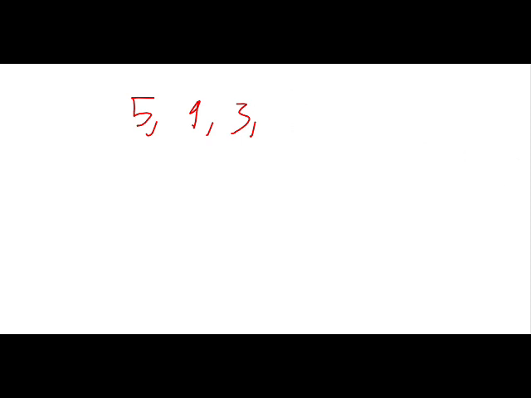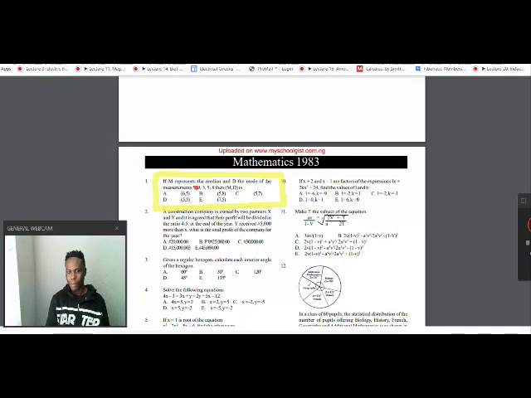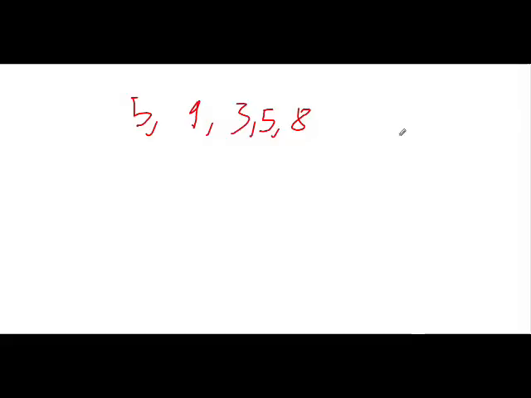It was 5, 9, 3, 5, 8. We'll double check in a minute, yeah. But we don't make mistakes. All right, let's go back and check real quick. Yeah, 5, 9, 3, 5, 8. Yep, that was what it was.